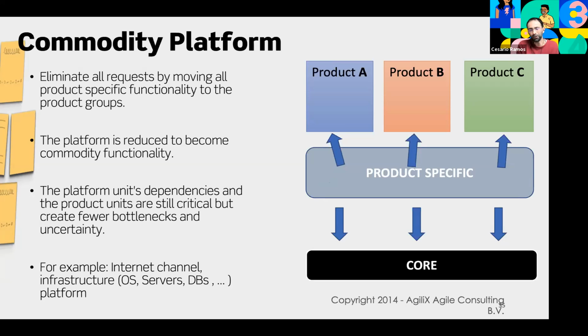But the other product-specific functionality, that's what you want to move out as much as you can from the core into the product. And then there are a couple of ways that you can think about doing that. Maybe you can physically move functionality away from the core, right? By just deleting lines of code and re-implementing them somewhere else.